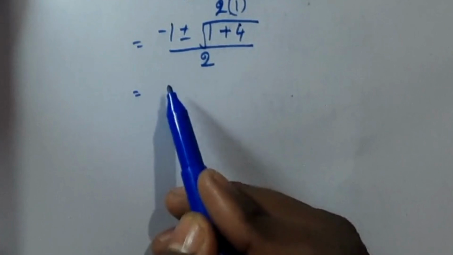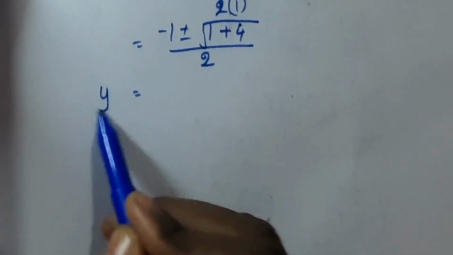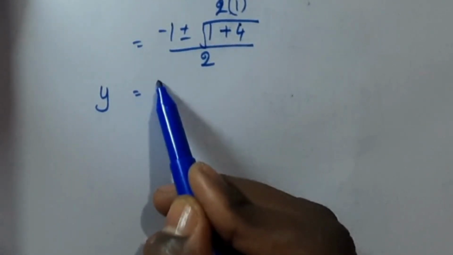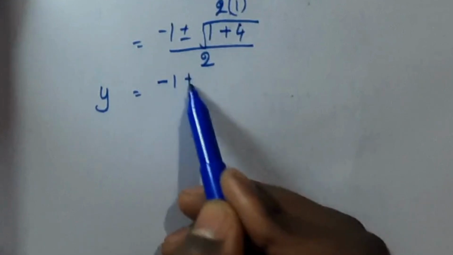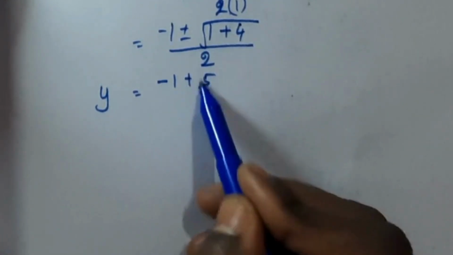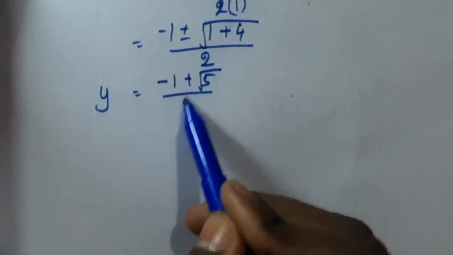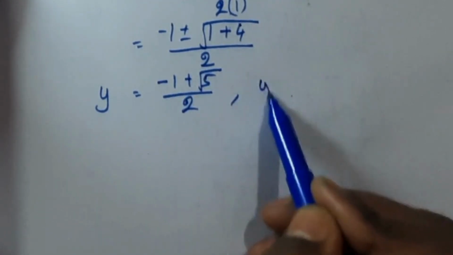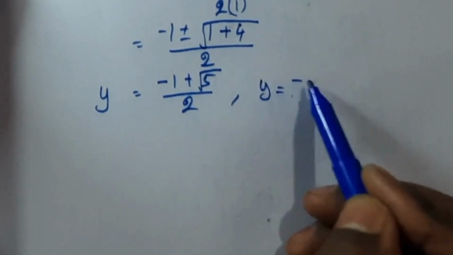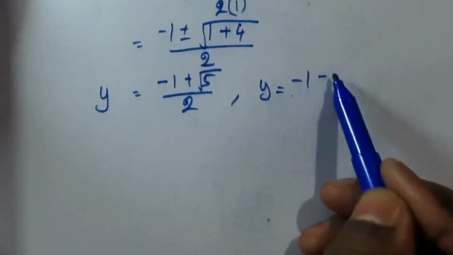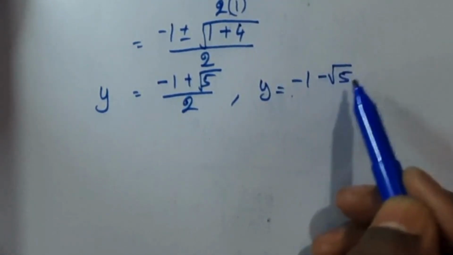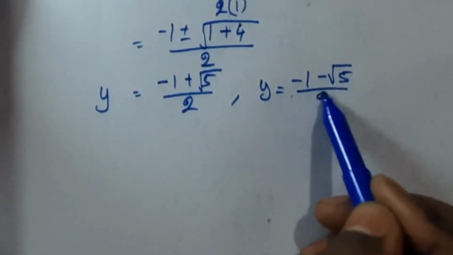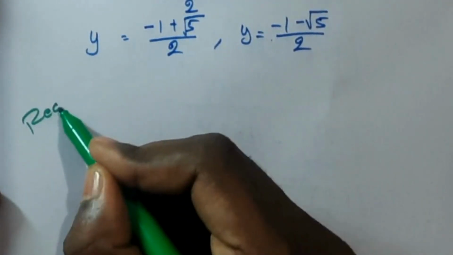Now we have two equations here. One is y equal to minus 1 plus root 5 by 2. The other one is y equal to minus 1 minus root 5 by 2.